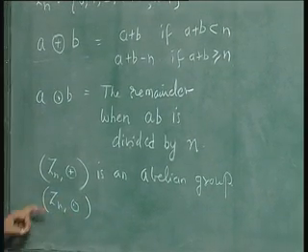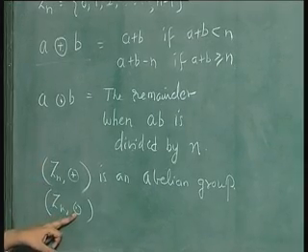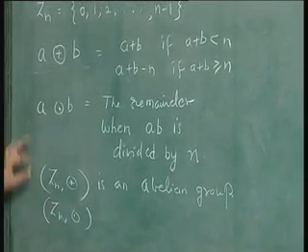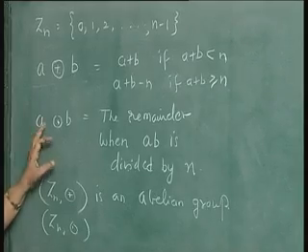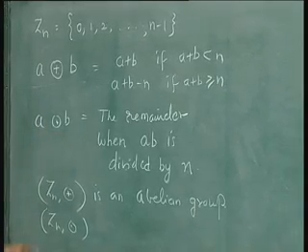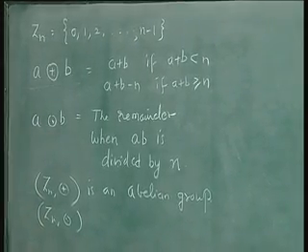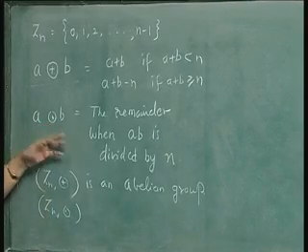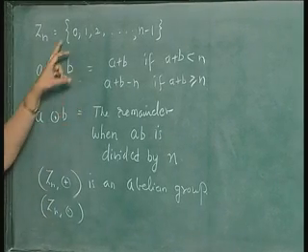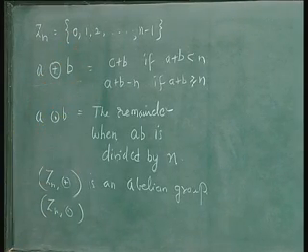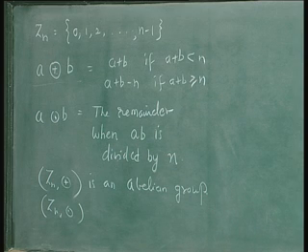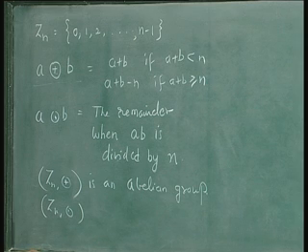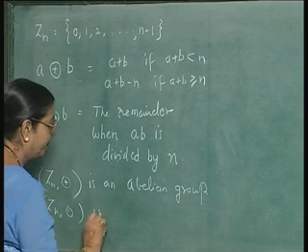We can see that with respect to this operation, this is closed. If you multiply two elements and then divide by n, you get another element. The remainder will always be one of the elements between 0 and n minus 1. So it is closed with respect to mod n multiplication. And the associative property also you can prove without much difficulty. So this is a semi group.